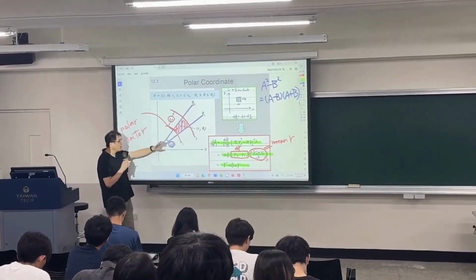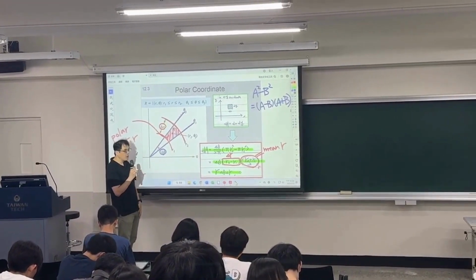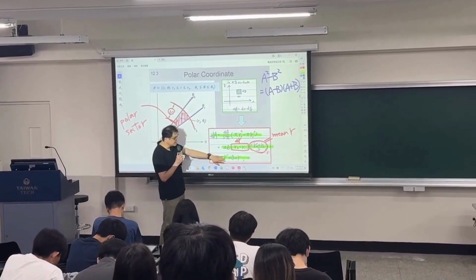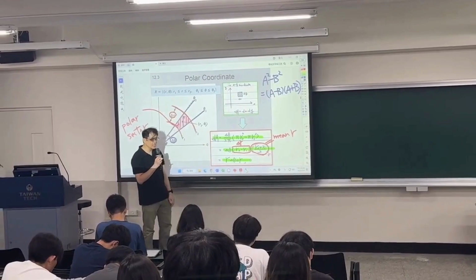And what will be the area of this small polar sector? It will be the mean radius times the change of theta times the change of radius.